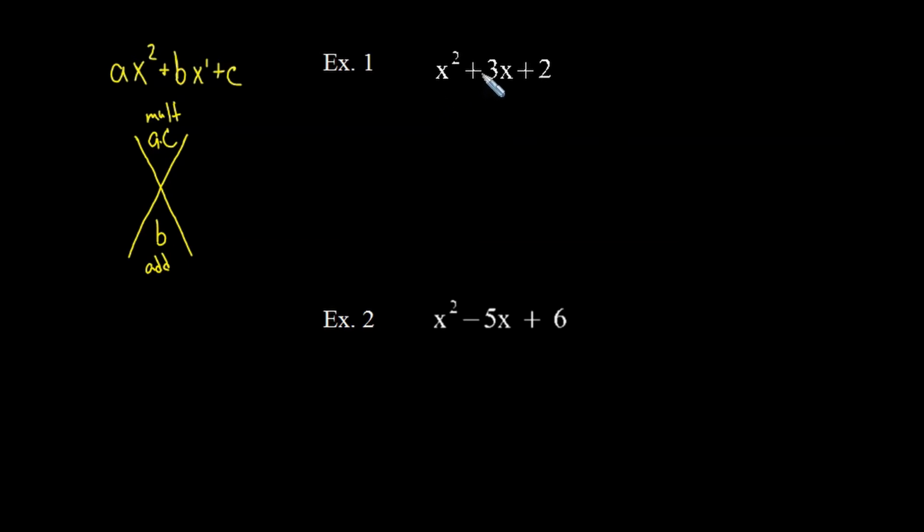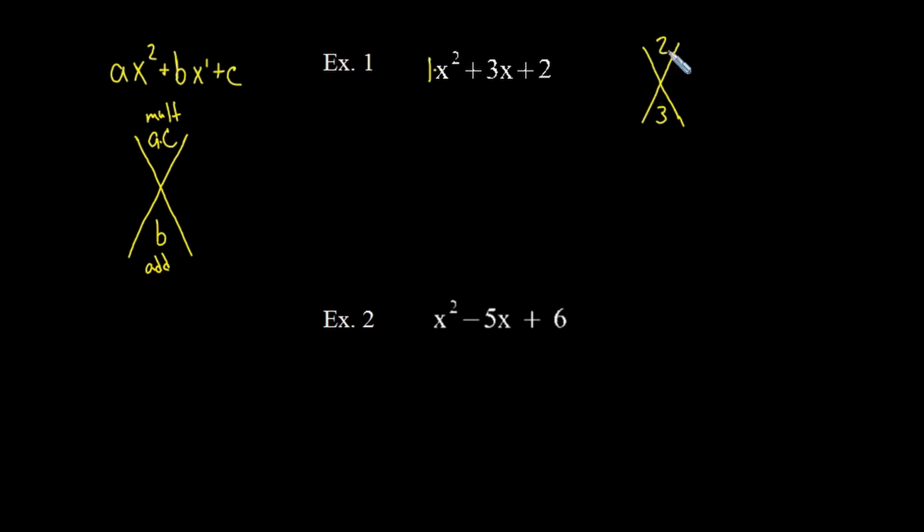So we have x squared plus 3x plus 2. Let's go ahead and make our x over here to the side, and we will identify a as 1 and c as 2. So 1 times 2 is 2. And then we'll drop our b value down here in our bottom quadrant as 3.